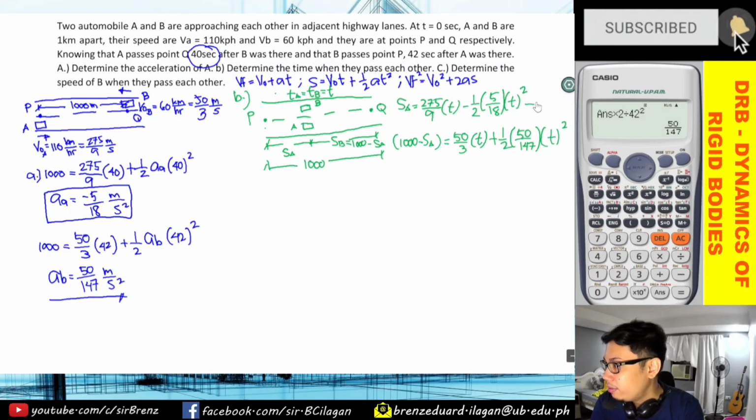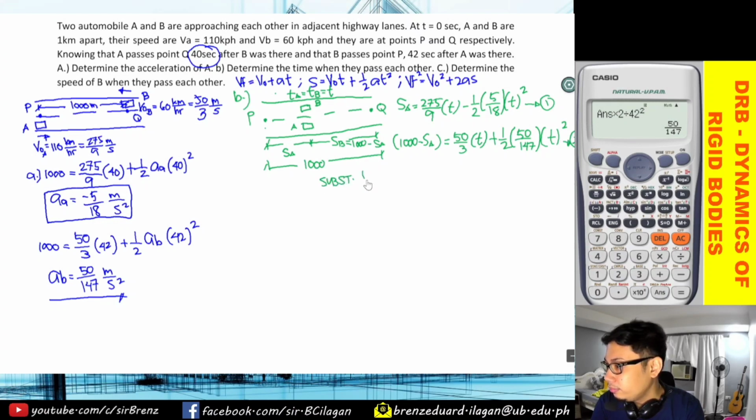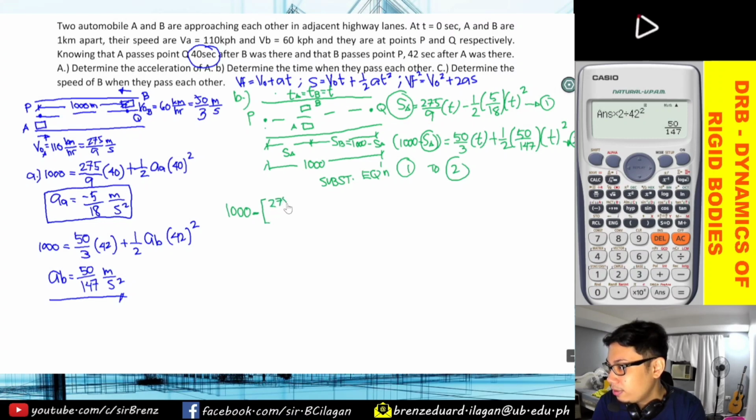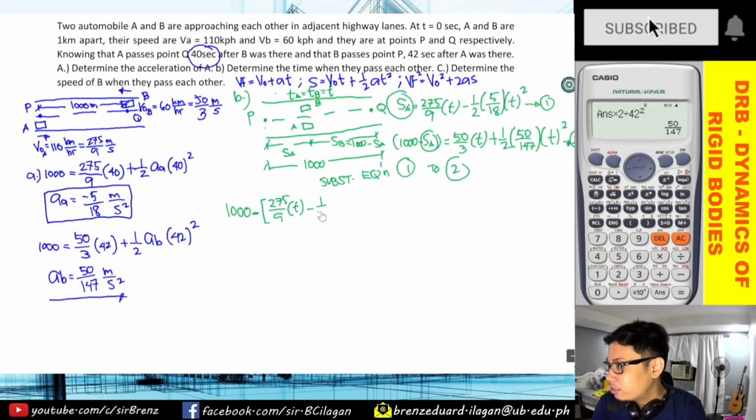So this will be our equation 1, and this will be our equation 2. So ang gawin natin, substitute equation 1 to 2. Kasi kung mapansin nyo, ito S sub A, and then ito S sub A. So substitute lang natin siya dyan. So the final equation will be 1,000 minus, i-quantity natin na ganyan, 275 over 9 times t, and then minus 1/2 of 5 over 18 times t squared.